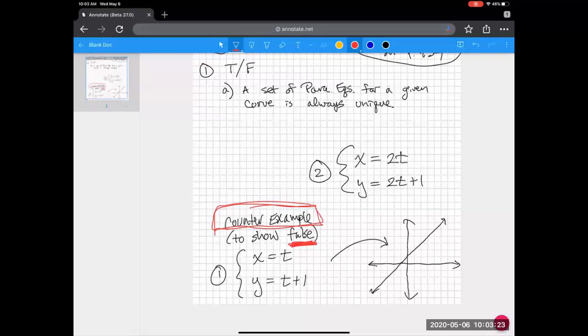And that what can change when you have parametric equations is not only the graph itself, but even with the same graph, the speed or the way in which the point moved around on the graph.